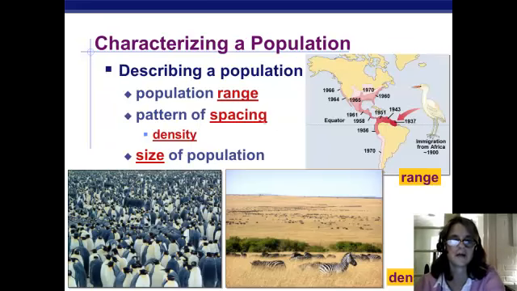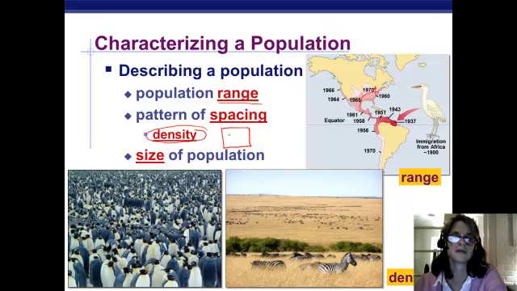Make sure you understand population range. Where can the population be? How far do they range? For example, if I were looking at Carolina chickadees, perhaps their range is just in this area, and they don't go much north of that line because black-capped chickadees are up here. Pattern of spacing refers to how densely packed the population is.